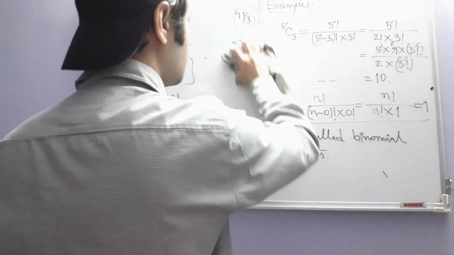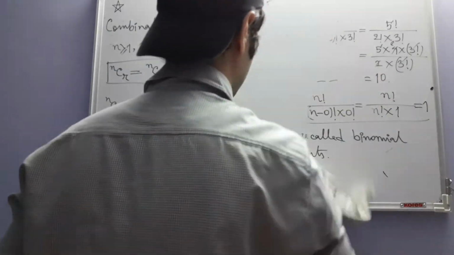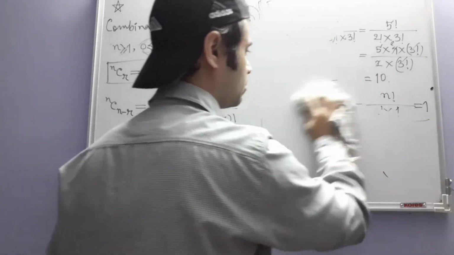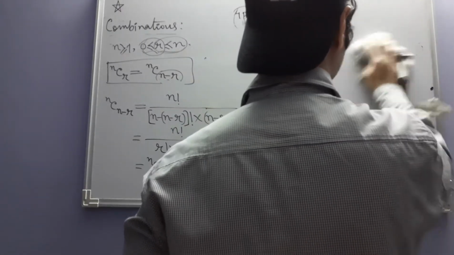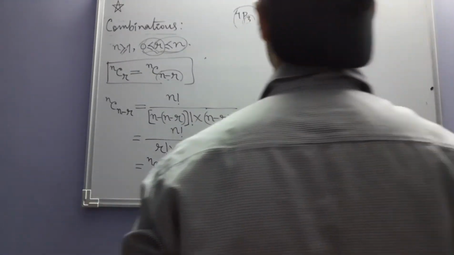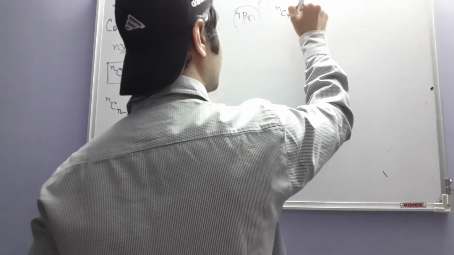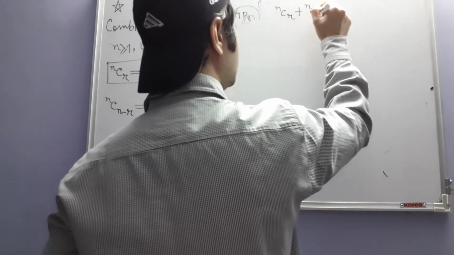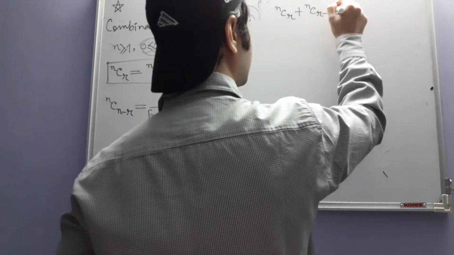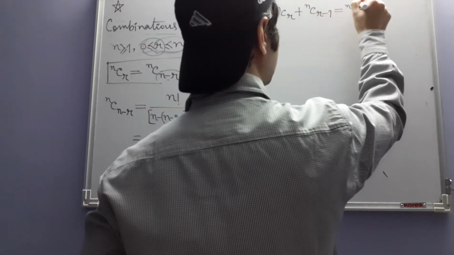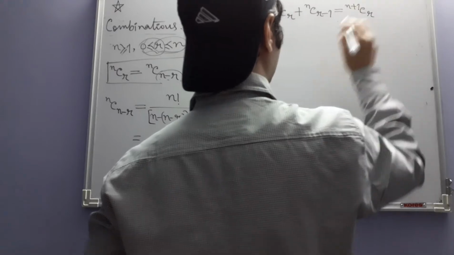And there is one more property which is even more important. It says that nCr plus nC(r minus 1) equals (n plus 1)Cr.